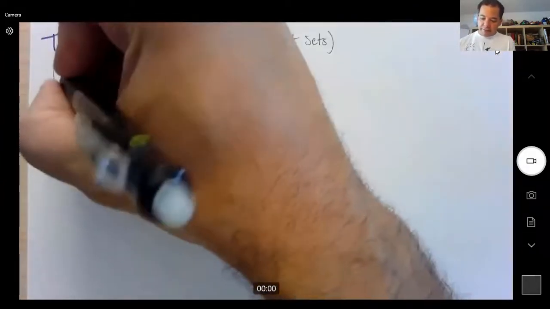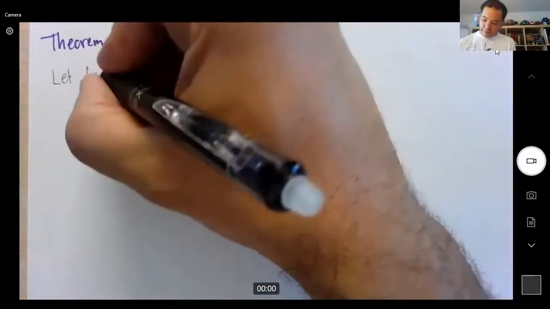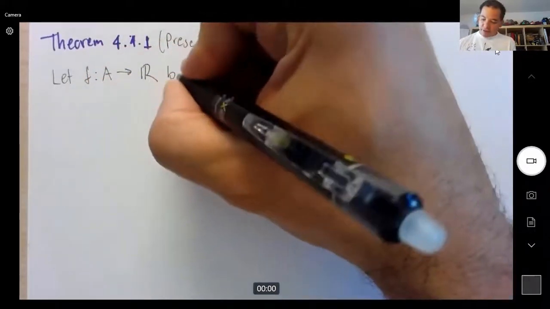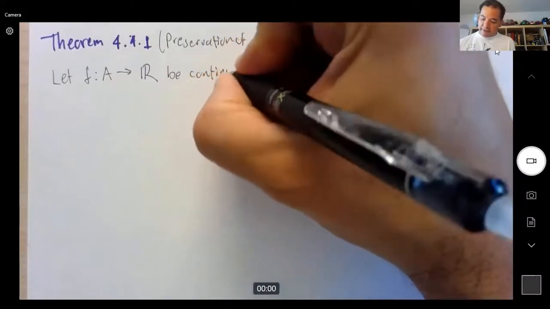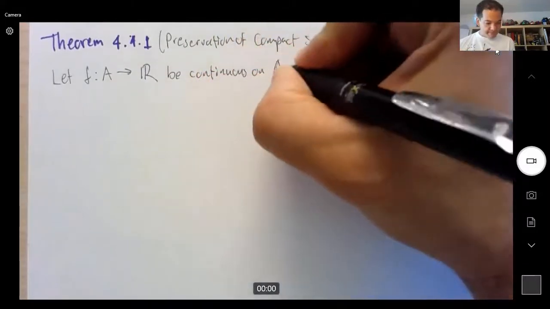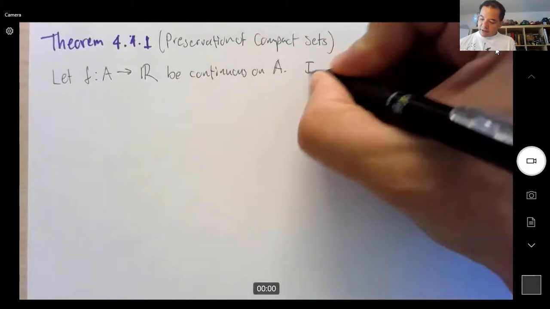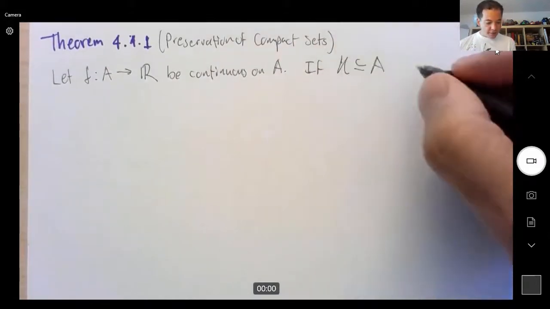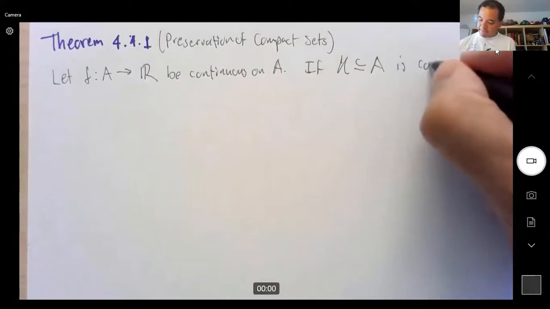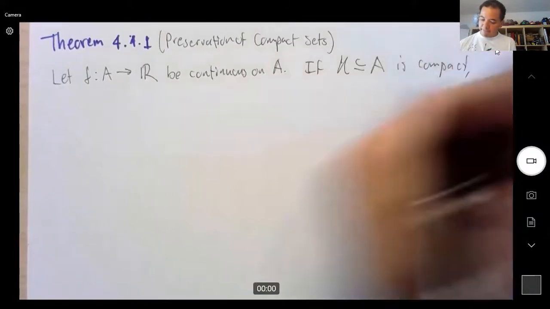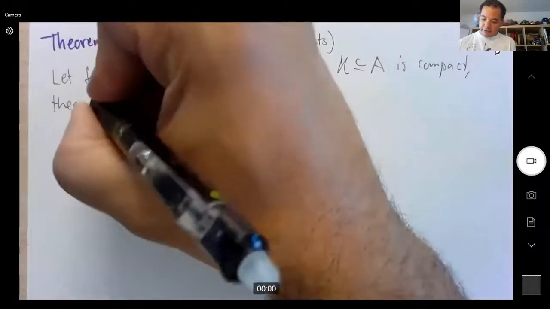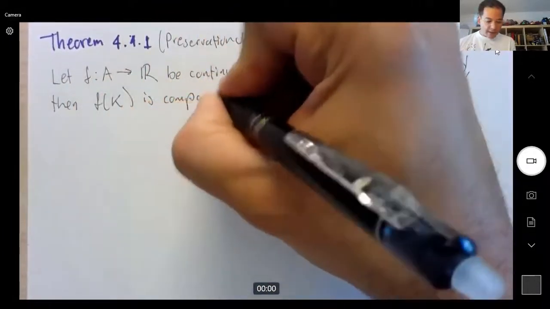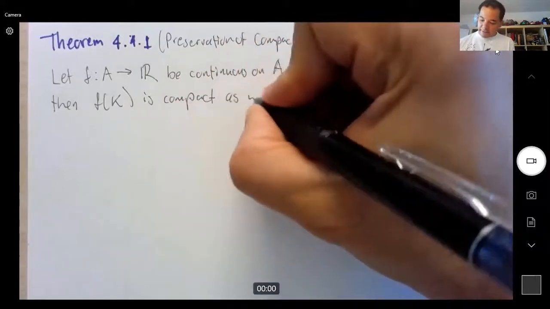Suppose that you have a function from A to the real numbers, which is continuous on A. If K, a subset of A, is compact, then f of K is compact as well.